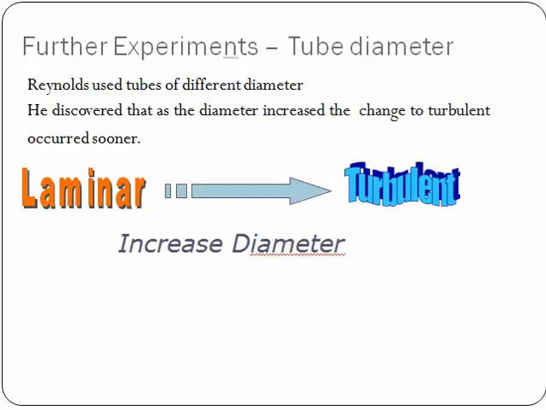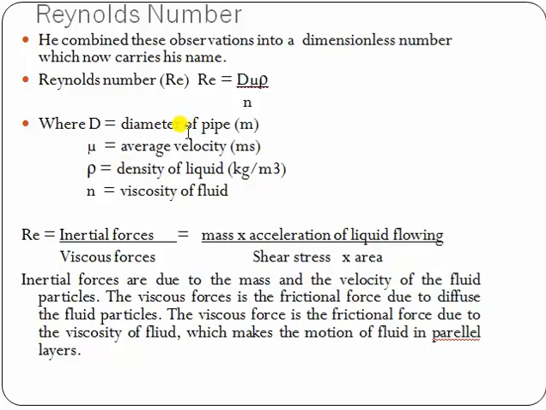Reynolds observed that the diameter, the average velocity and the density of liquid increase and the viscosity of fluid decreases when the fluid goes from laminar to turbulence.